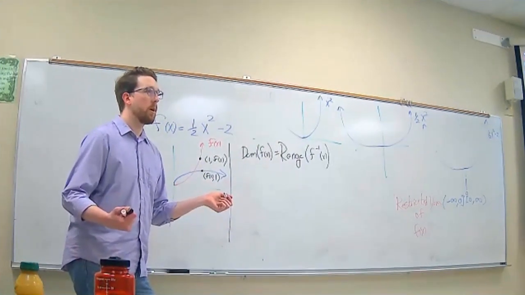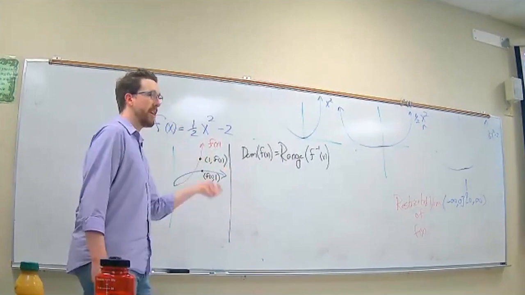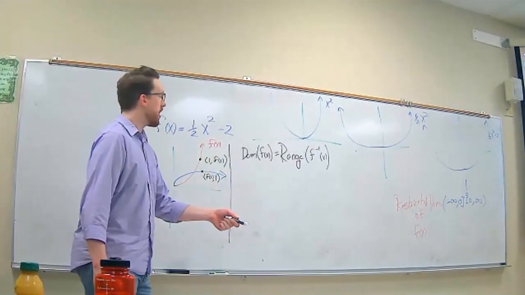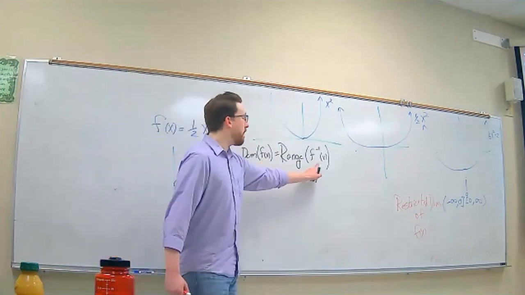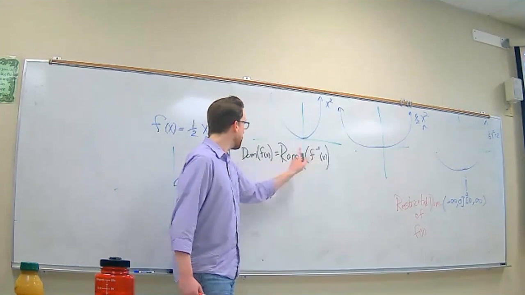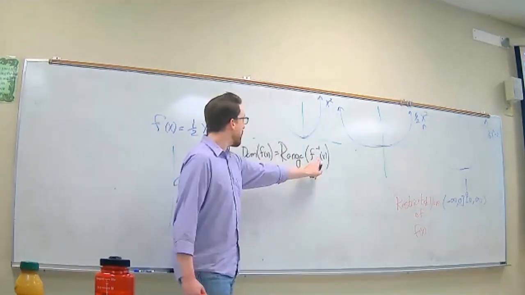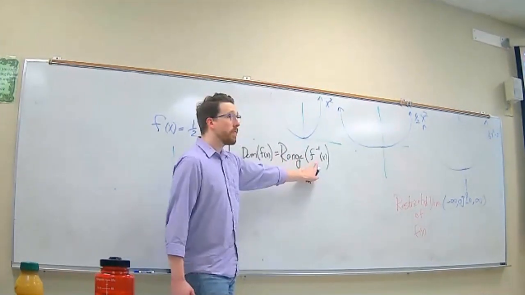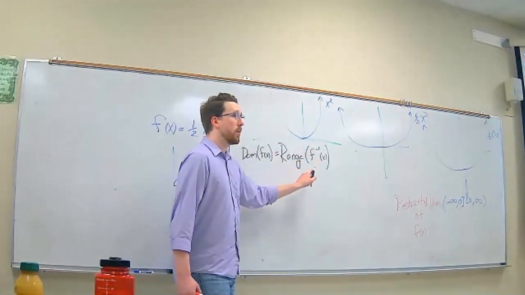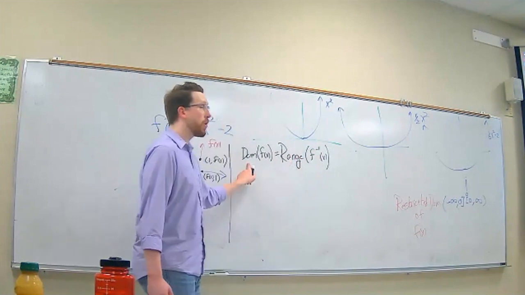If the range is what your function sends your numbers to, then for f inverse to undo your function, it has to take the range and send it back to the domain. So for your inverse function, its domain has to be the range of your original function.